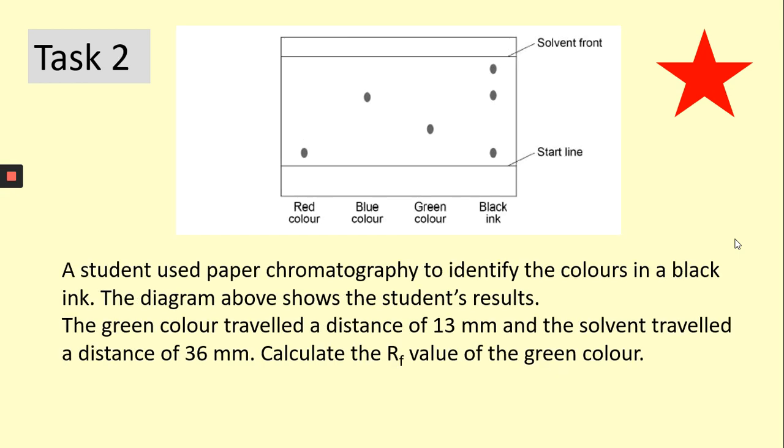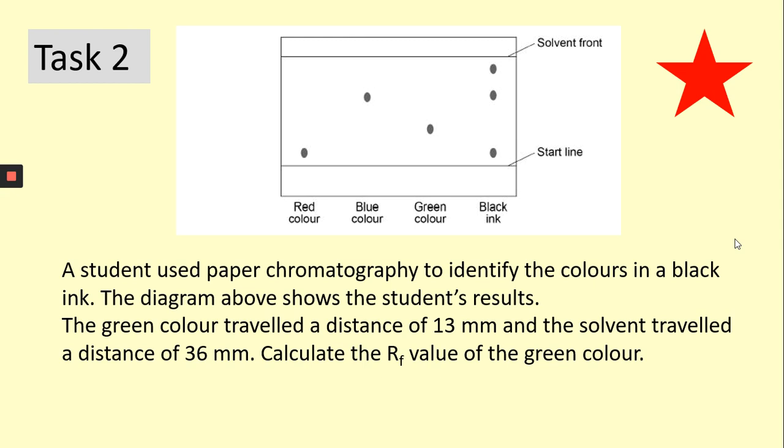Task 2. A student used paper chromatography to identify the colours in a black ink. The diagram above shows the student's results. The green colour travelled a distance of 13 millimetres and the solvent travelled a distance of 36 millimetres. Calculate the RF value of the green colour.